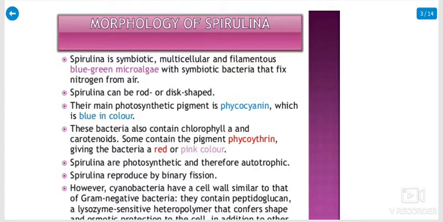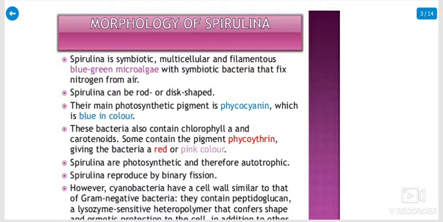It can be rod shaped sometimes, or disc shaped also. The main photosynthetic pigment is phycocyanin, which is blue in color. These bacteria also contain chlorophyll a and carotenoids.